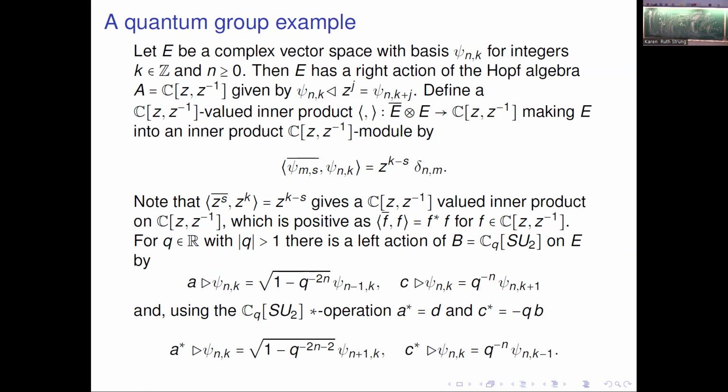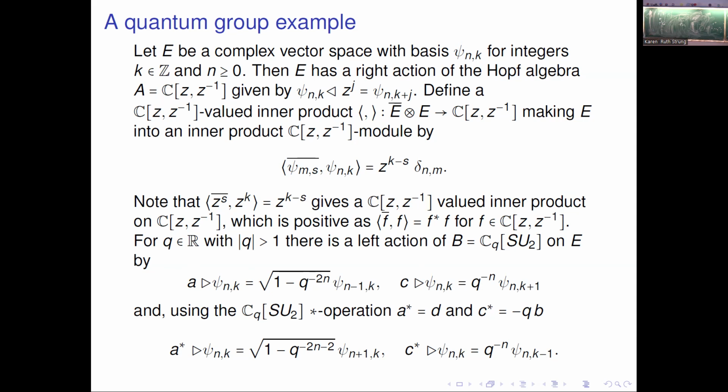I'm going to take a circle for every natural number, and I'm going to get this inner product here. So the n and the m are just indexing different circles, and the different circles are all orthogonal, and the s and the k are just telling me in the Fourier decomposition or Taylor series which power of z I have. So that's all terribly positive as well, because the sum of positive things is positive.